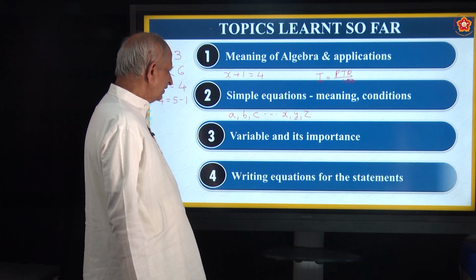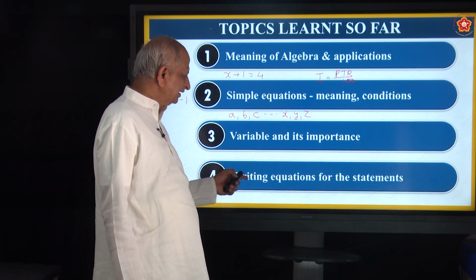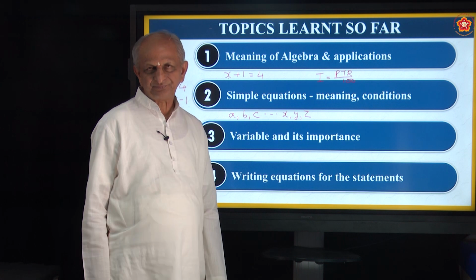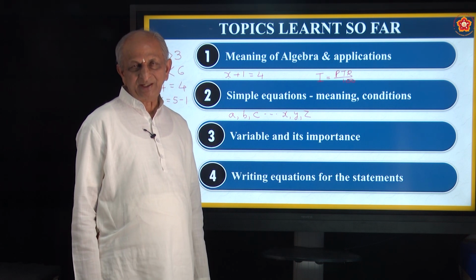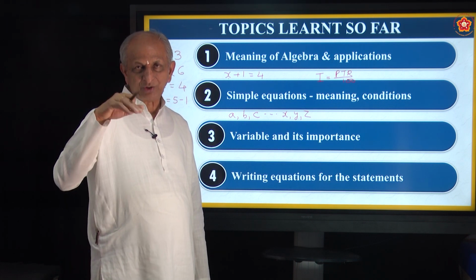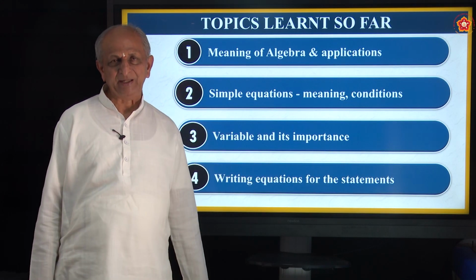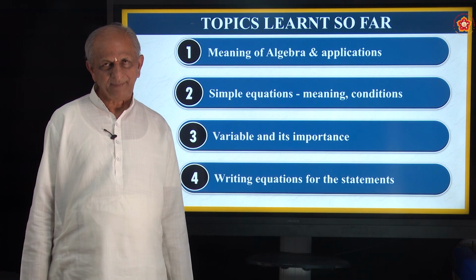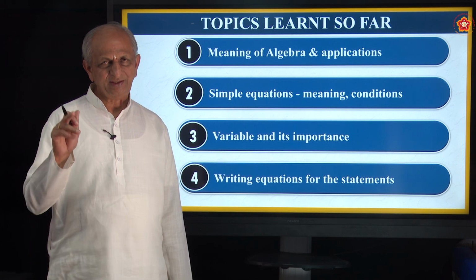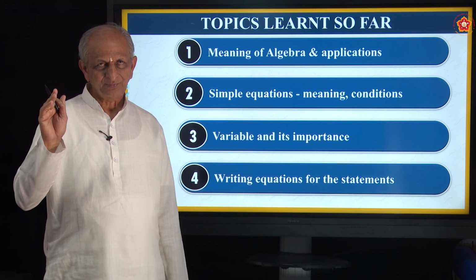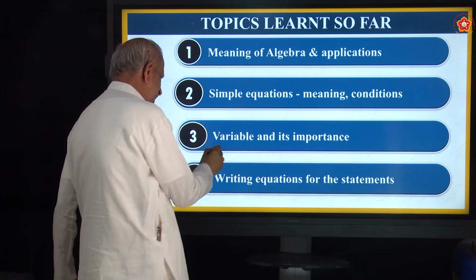Okay? So, that variable will have different values for different situations, correct? And also you have studied about writing equations for statements. If a statement is given, you know how to write the equation. Suppose you say a 3 is added to a number, it gives the answer as 4.